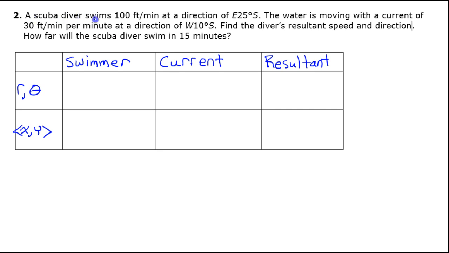So let's see, a scuba diver swims at 100 feet per minute. That's the magnitude of the swimmer's velocity. So 100, and I'm just going to put FPM for feet per minute, at a direction of east 25 degrees south. Okay, let's explore that a tiny bit.